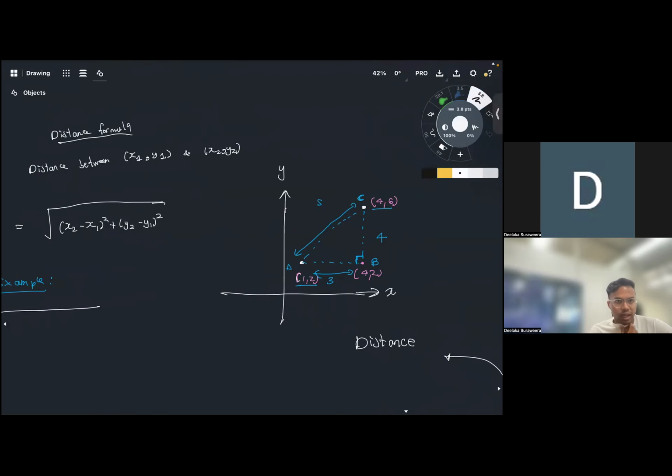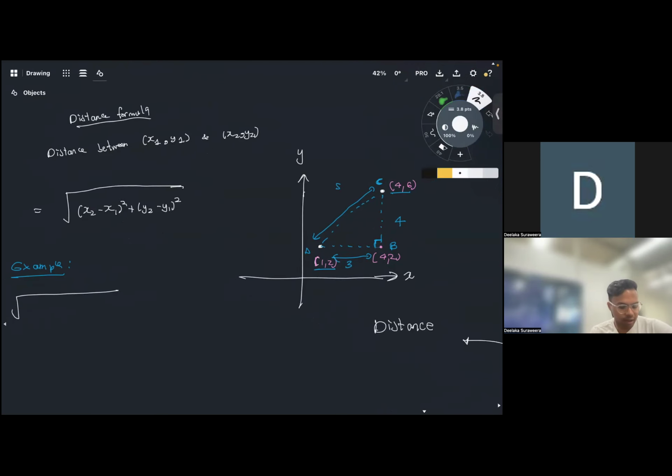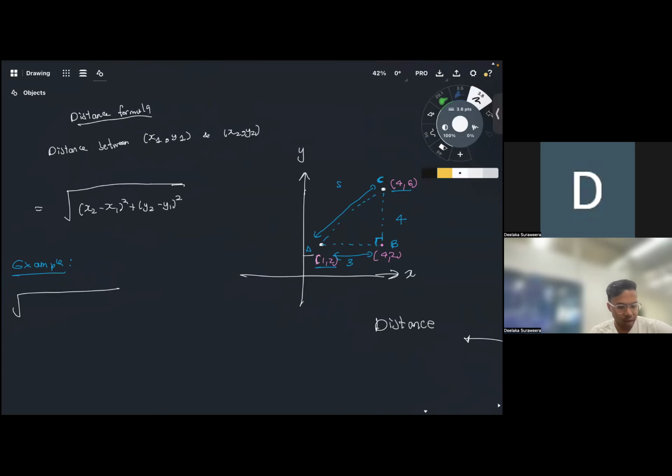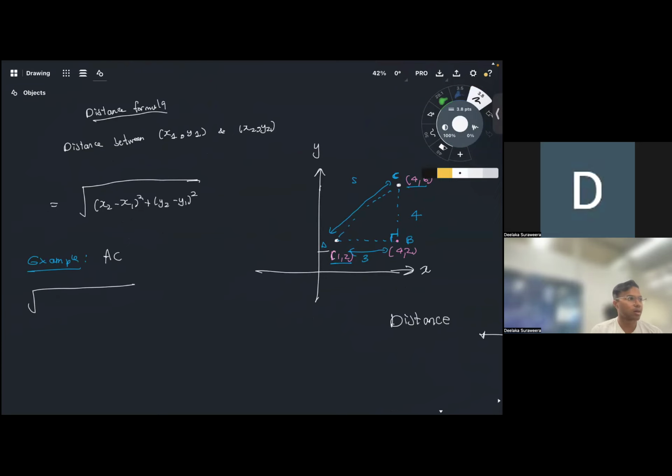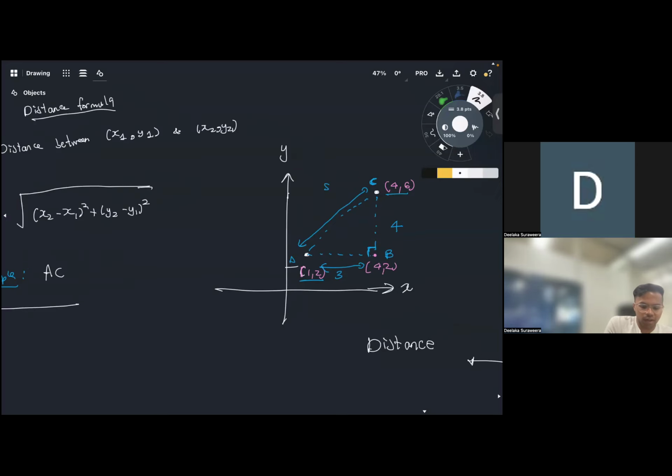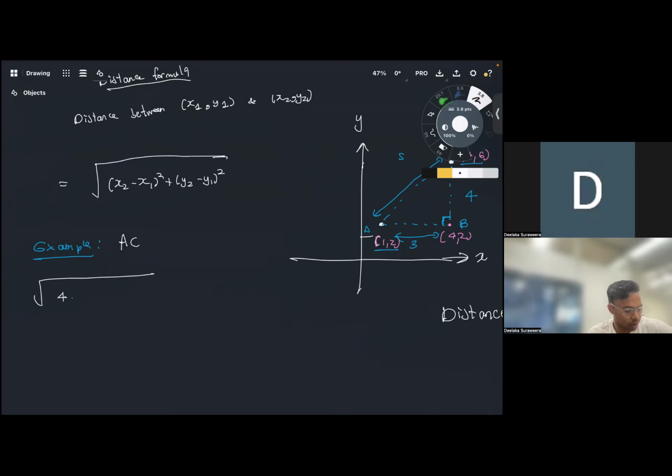What's the x of the second coordinate? I'll show you how it's related to Pythagoras. So x1, y1 and x2, y2 are the coordinates. x2 means the x value of the second coordinate. What's the x value of C then? 4. So you sub in 4.